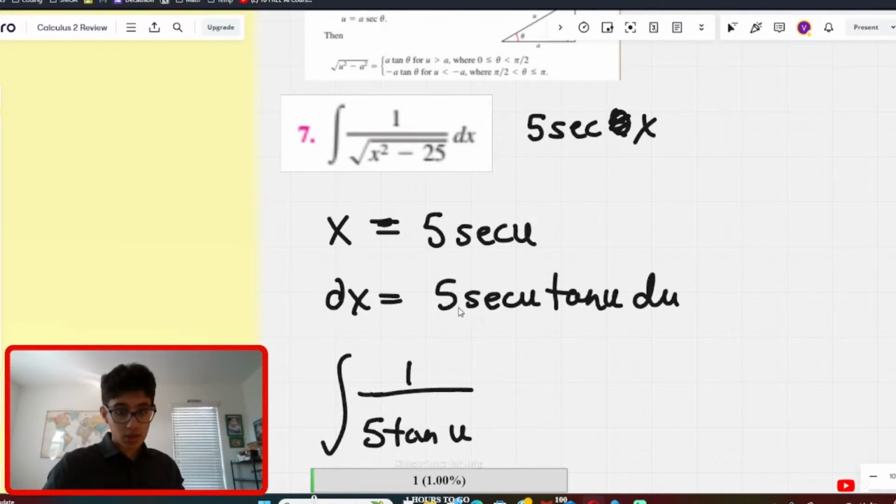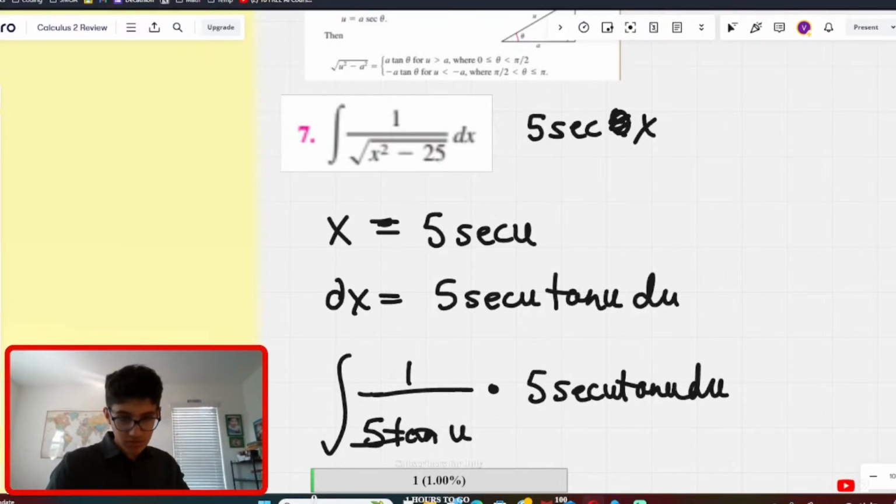And then we can't put du in just yet. We have to instead multiply by 5 secant u tan u du, because that's dx. Luckily for us, we have a cancellation. So 5 tan u and 5 tan u, which leaves us with literally just secant u du.